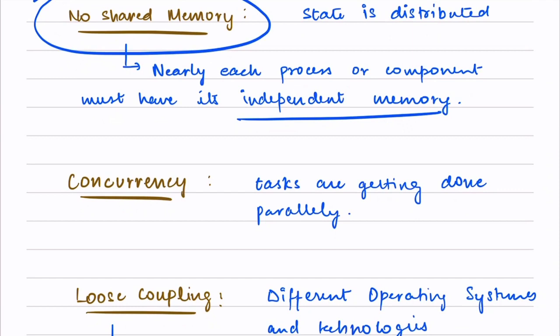What concurrency means is, you have heard of words like multi-threading, doing tasks in parallel. So they should be doing the tasks or processes in parallel, not sequentially. So concurrency is one of the things which distributed systems should have.